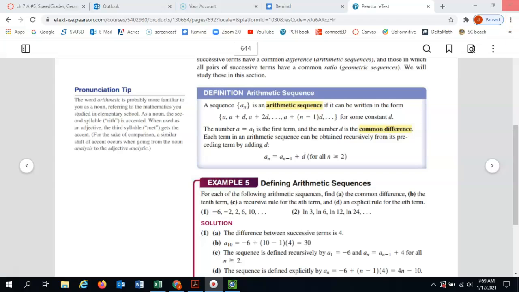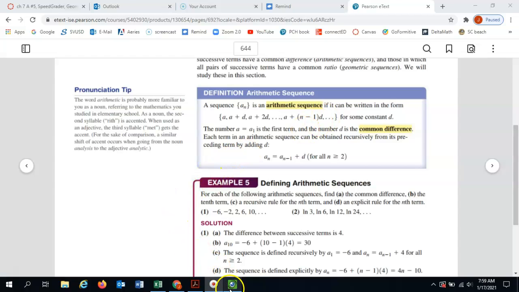Here's what this is going to look like. Here's the best way to look at this formula. I'm not a huge fan of the way they wrote it, but here it is a little more clear. A of n is going to equal the first term plus n minus 1 times the common difference.